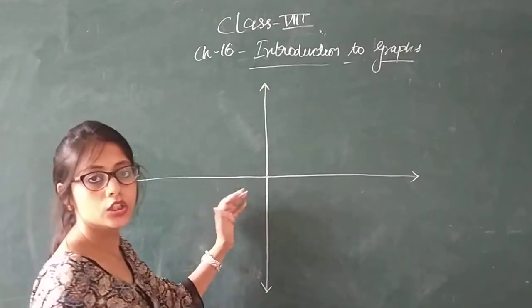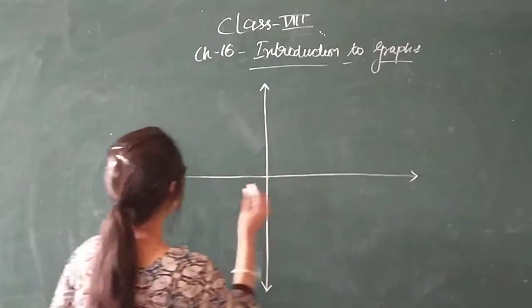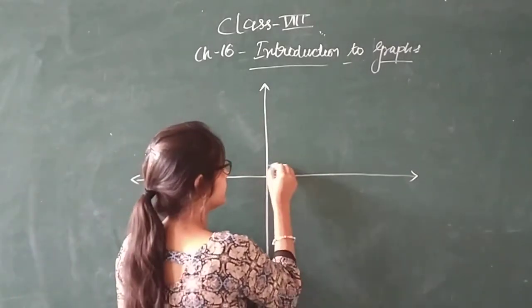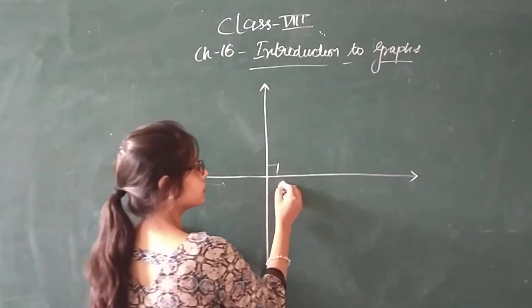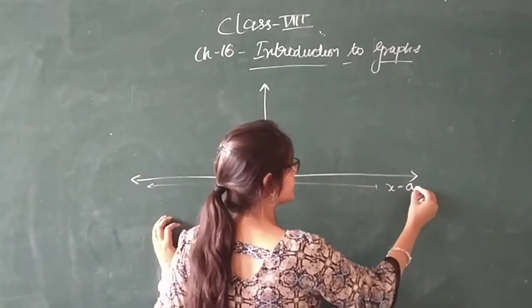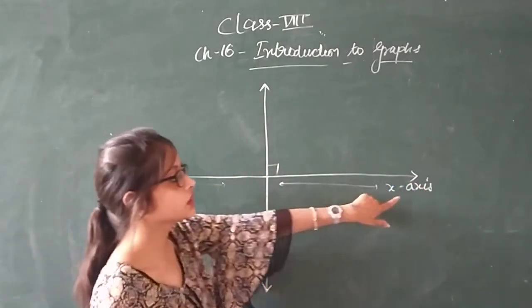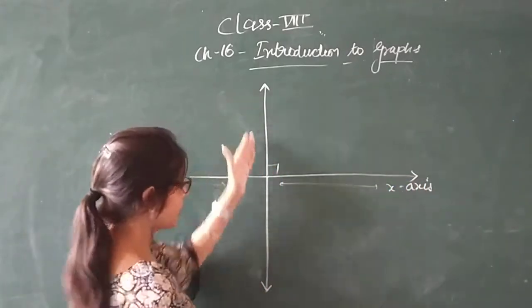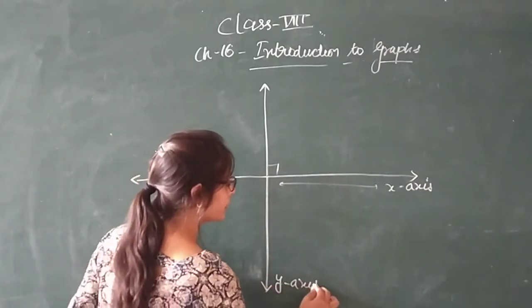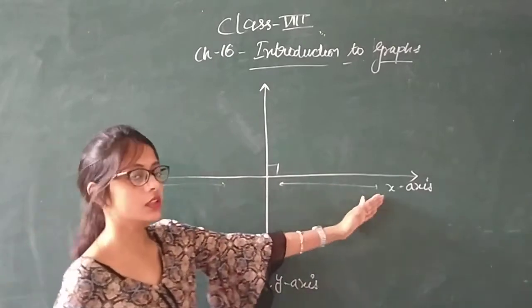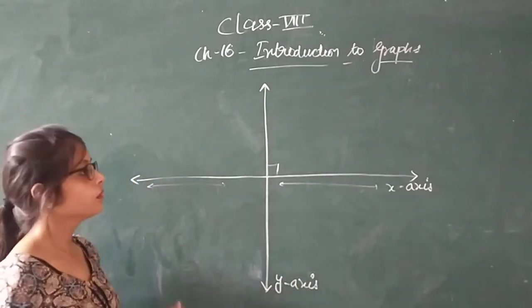This horizontal line is called the x-axis, and this vertical one is called the y-axis. The horizontal one is called the x-axis and the vertical one is called the y-axis.